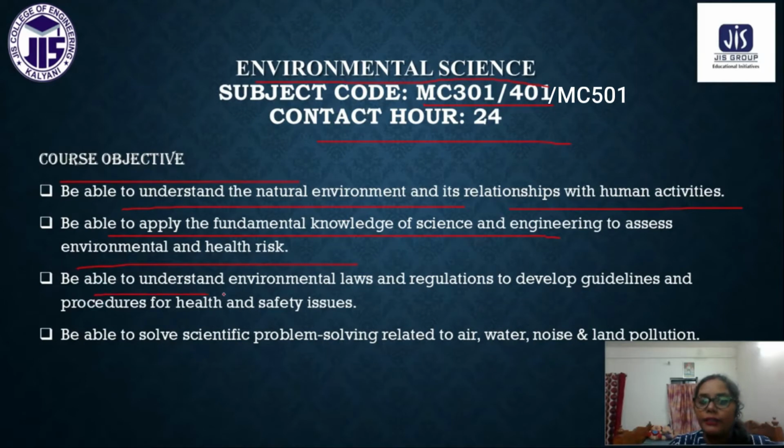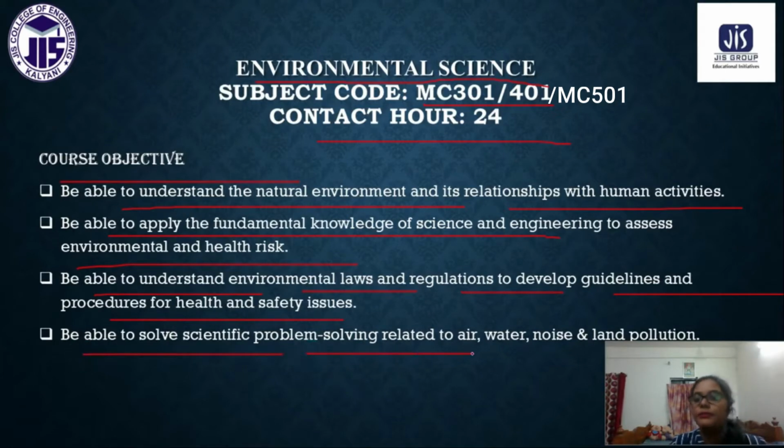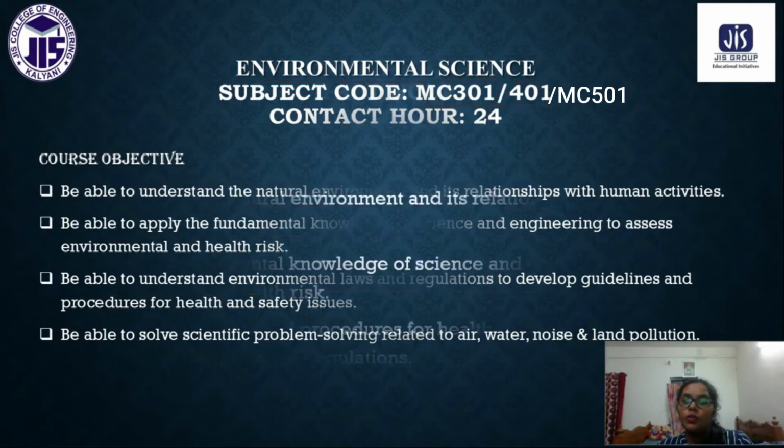You will be able to understand the environmental laws and regulations to develop the guidelines and procedures for environmental health, for the safety of the environment and safety of yourself. And also you will be able to solve some of the scientific problems related to air pollution, water pollution, and sound pollution. These are some of the course objectives.